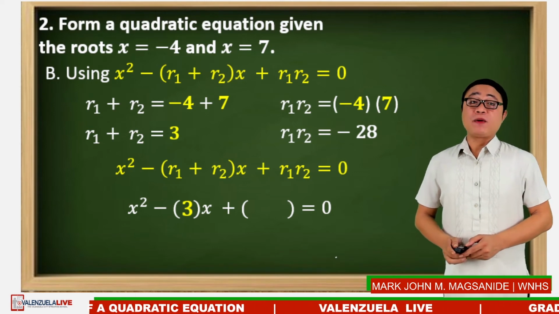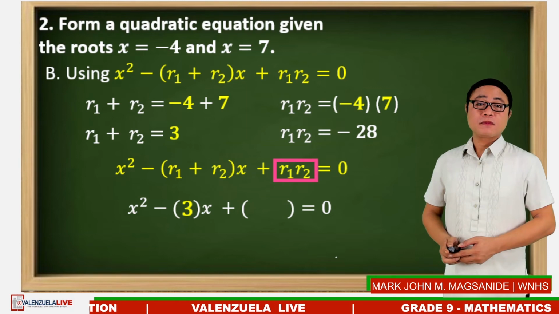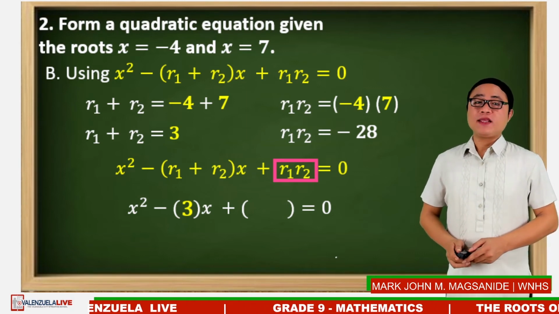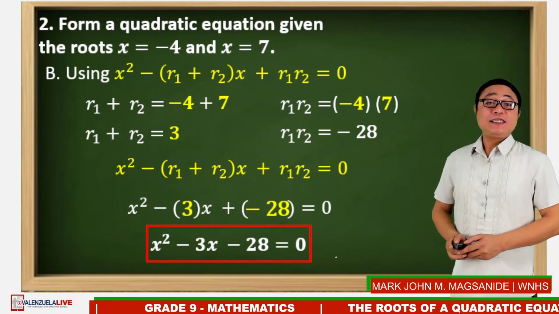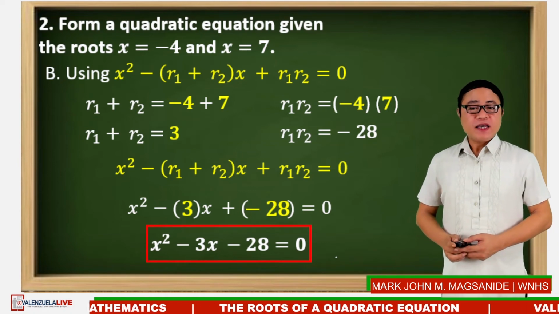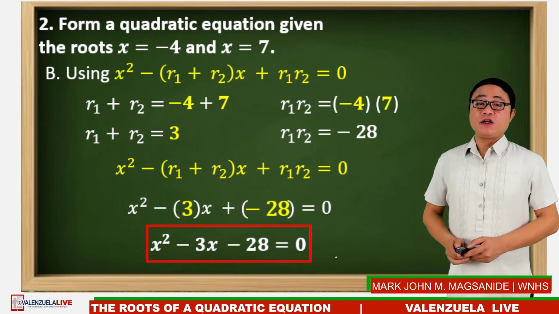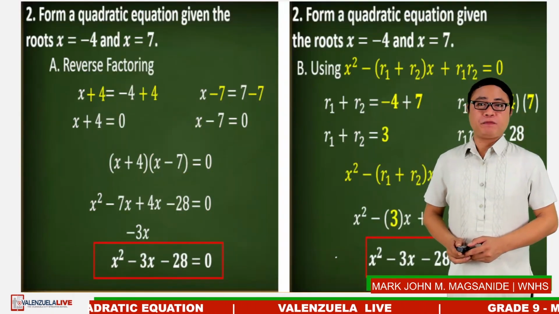And for the product of the roots, that is, yes, that is negative 28. You're very good. Simplifying further, we have x squared minus 3x minus 28 is equal to 0. And that is the quadratic equation form.